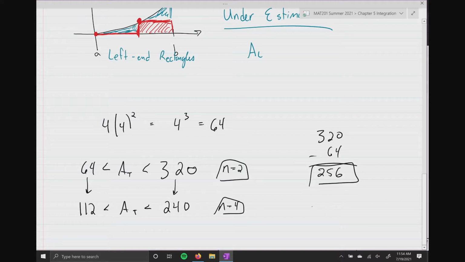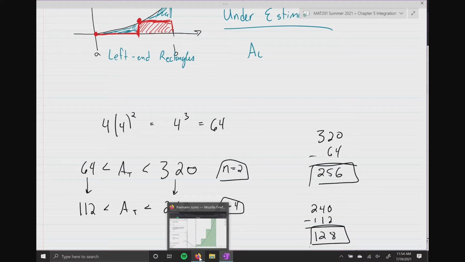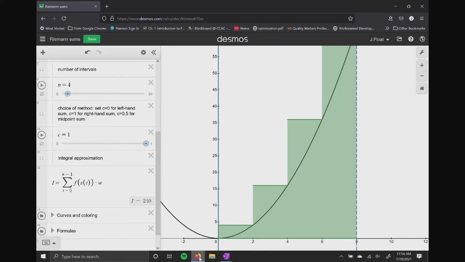So now, if we were to subtract these two numbers, we get an area of 240 minus 112, which is now 128. Now, notice your interval is getting smaller, which means the area itself is also going to get smaller, because what you're doing is you're starting to actually zoom in on what the true area under the curve is.